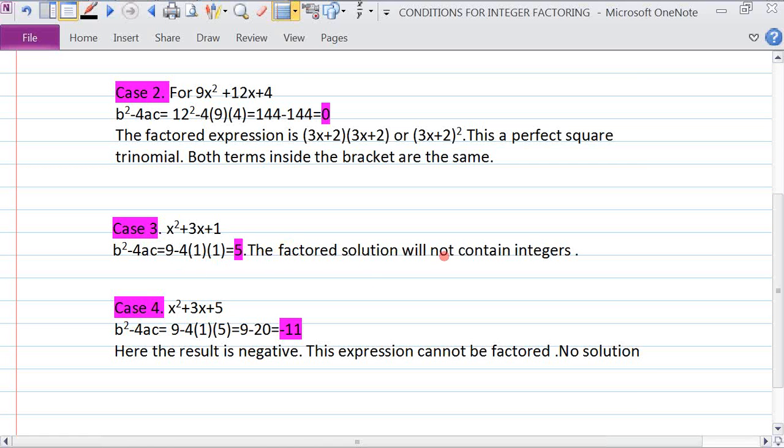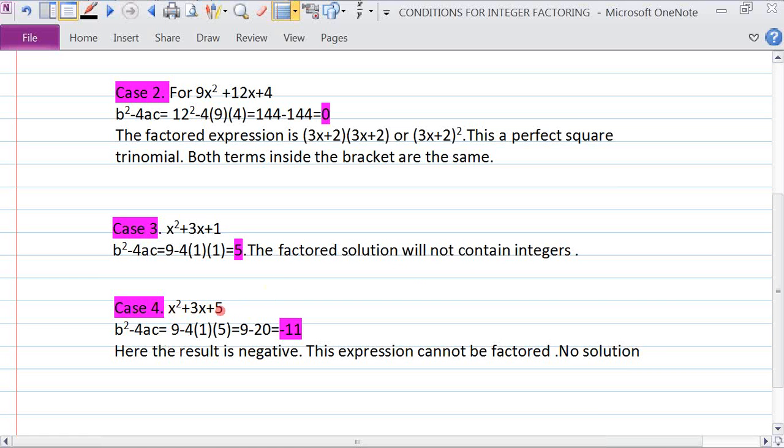This factored solution, whatever it is, will not contain integers because it's not a perfect square and it's not 0. So the factored solution will not contain integers. It's factorable, but you can't use integers.